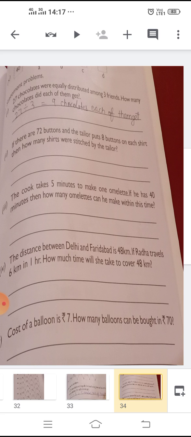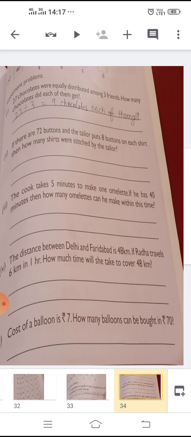Understood? Now next, if there are 72 buttons and the tailor puts 8 buttons on each shirt, then how many shirts were stitched by the tailor? This you will do on your own. This we have done in our book exercise also. Okay. Next, the cook takes 5 minutes to make one omelette.